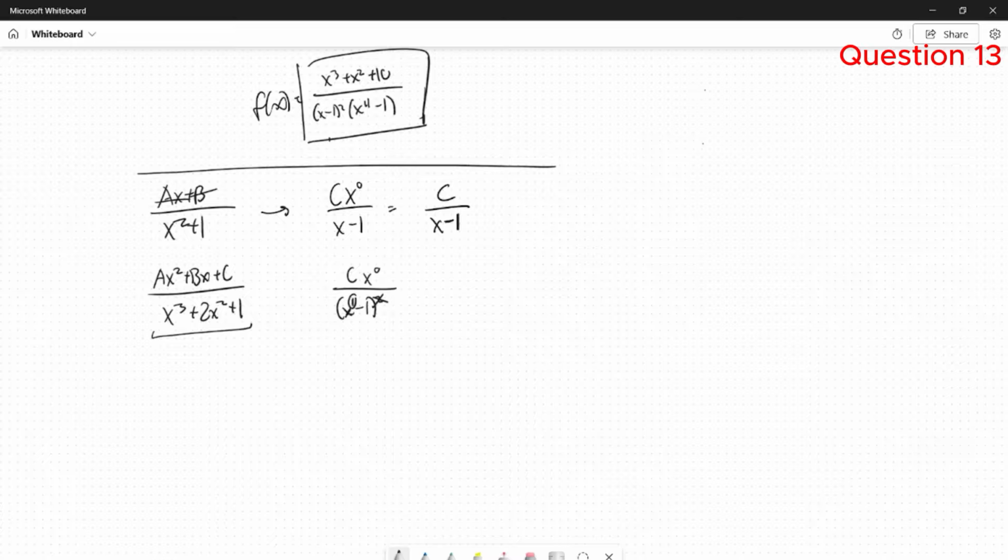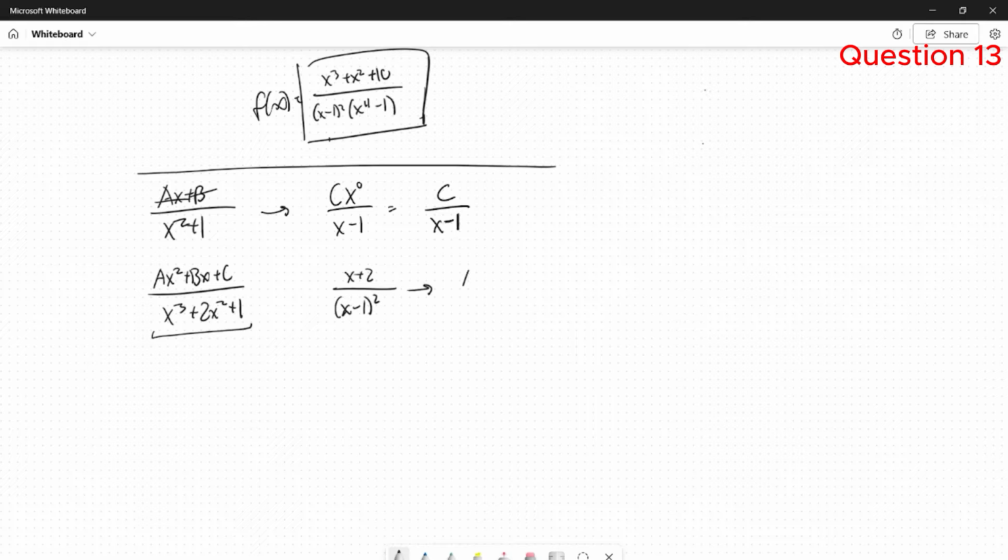Now, why is this? Let's say, for example, I have this, and I might have something like x plus 2 on top. That's just a placeholder.